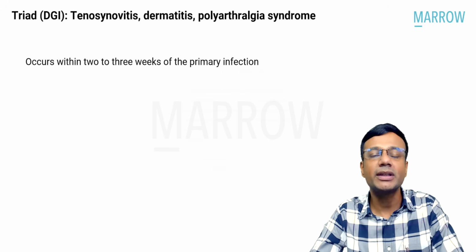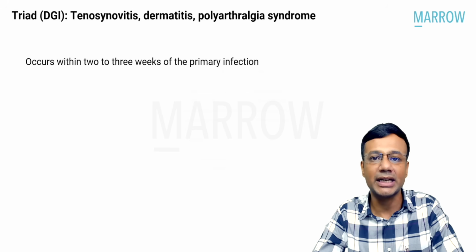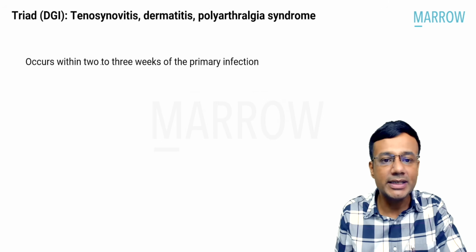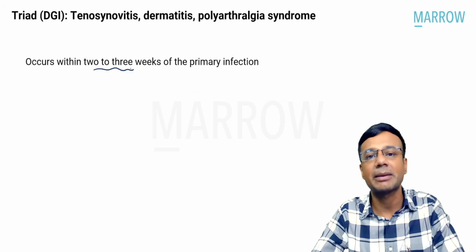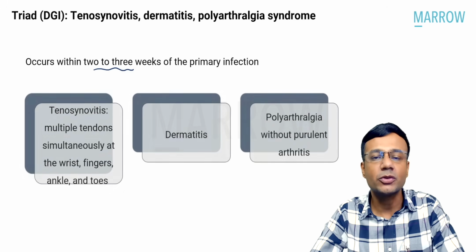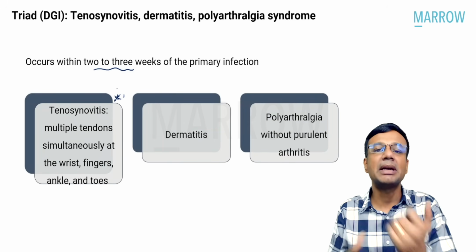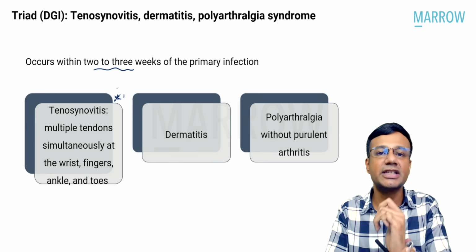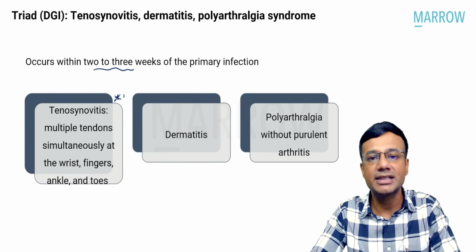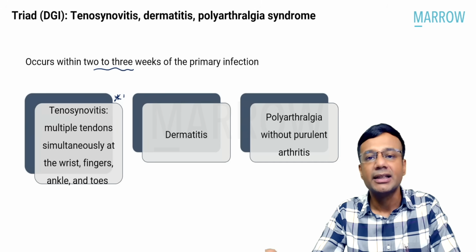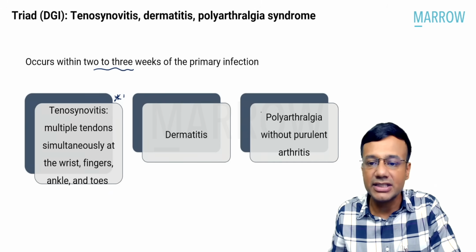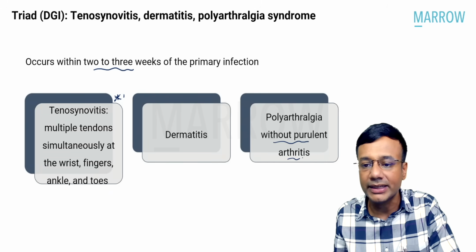The tenosynovitis dermatitis polyarthralgia syndrome is usually seen 2 to 3 weeks after the primary infection. You get tenosynovitis, a very important feature. Multiple tendons are involved simultaneously, including the wrist, fingers, ankles and toes, with dermatitis and polyarthralgia without purulent arthritis.